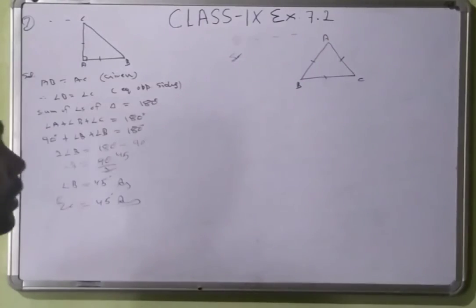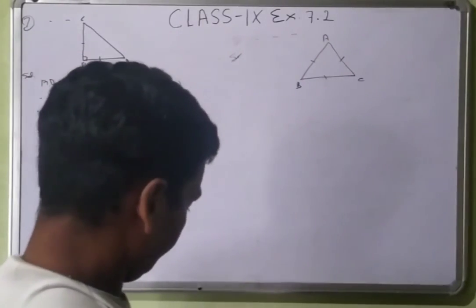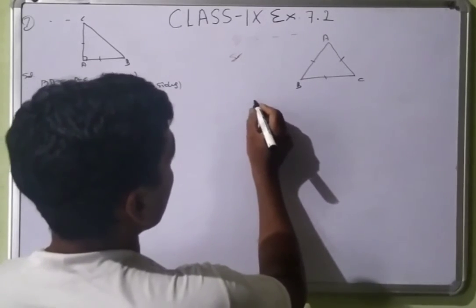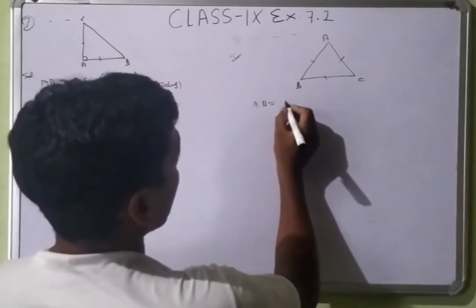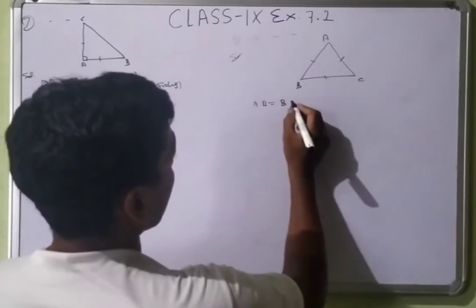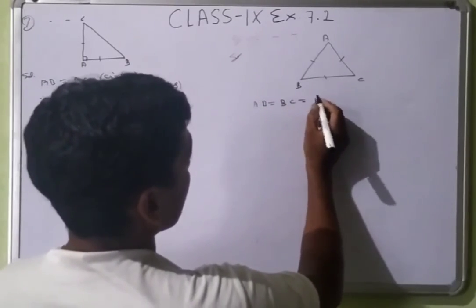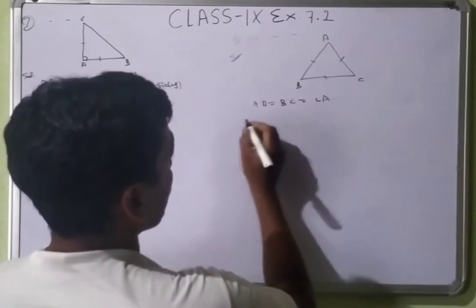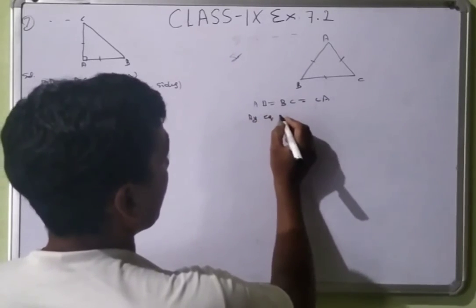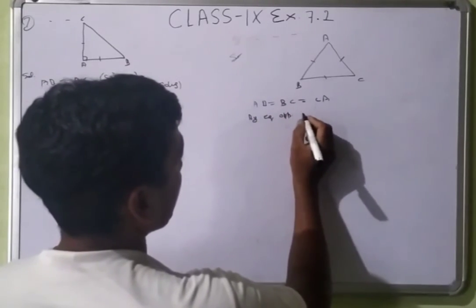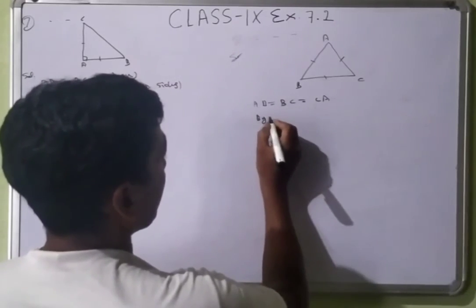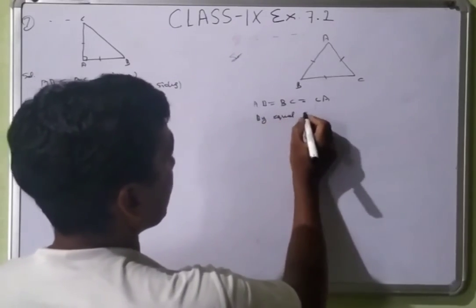This is the sign of equal. So here AB is equal to BC is equal to CA. So by equal opposite sides.